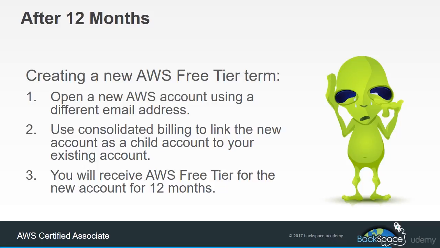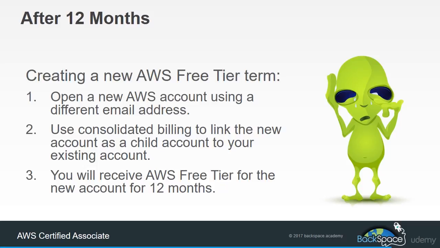Okay, so what happens after 12 months? You've had your account, you've gone through this course and you're still using it, and your 12 months has expired, and you really just don't want to keep paying for it. You just don't want to have another bill to keep track of and that sort of thing. So what you can do is, if you just want to keep an account available just for R&D purposes, you can create another AWS account using a different email address and then link that to your main account using consolidated billing. And that will set that up as a child account.